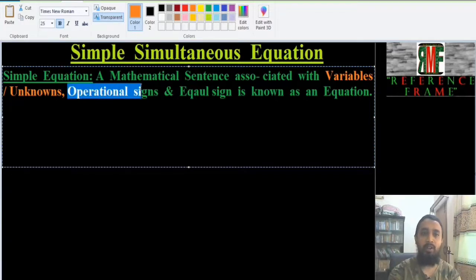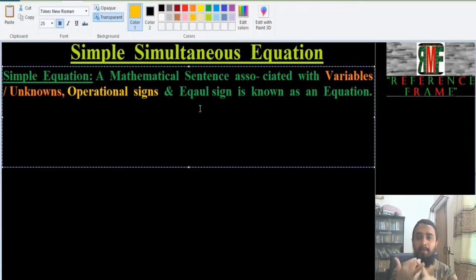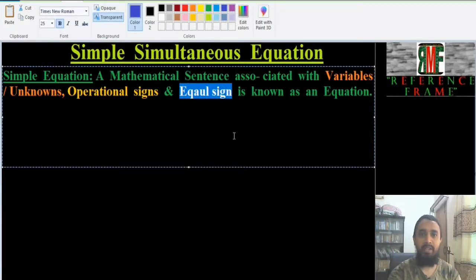Operational signs, we know there are four operational signs: plus, minus, multiplication and division. And the equal sign. Equal sign means equality. Every one of you knows that equal sign. So these three must be there to form a simple equation.